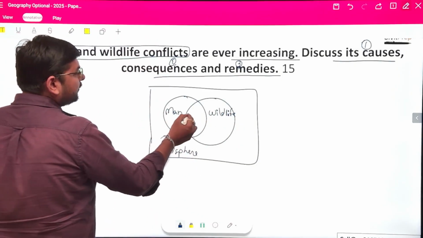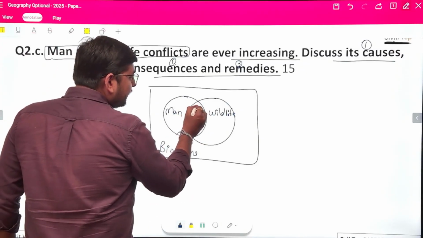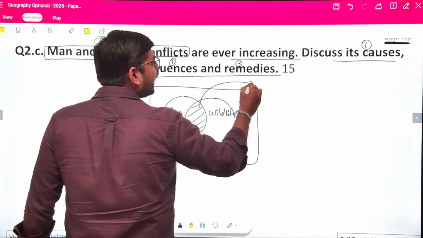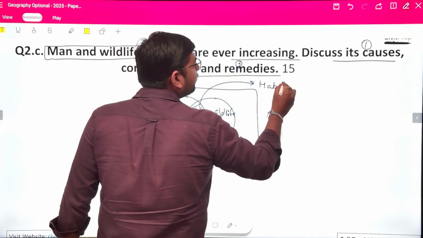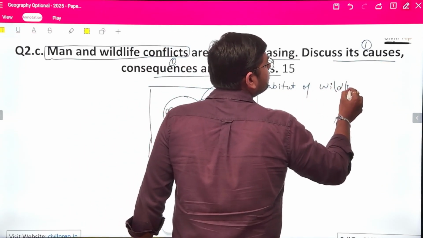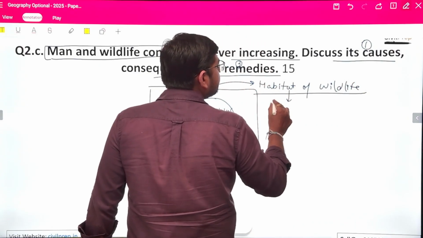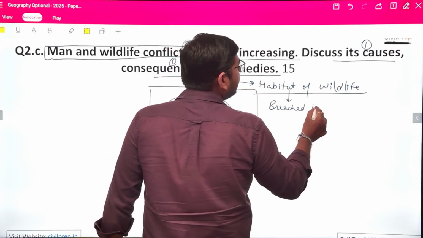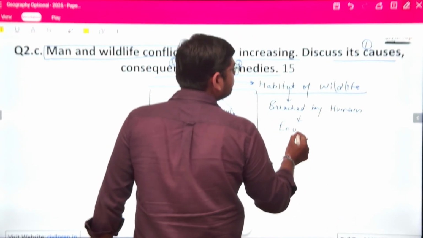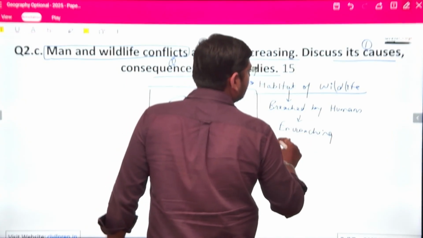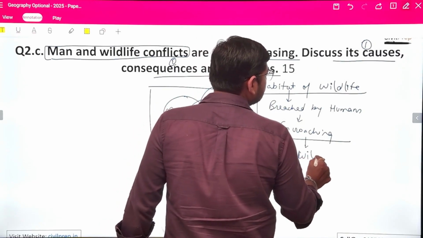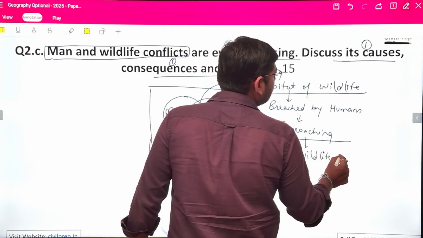This is man, this is wildlife. Whenever the area of wildlife, which is basically their habitat, is breached by humans, resulting in their encroaching, this results in the man-wildlife conflict.